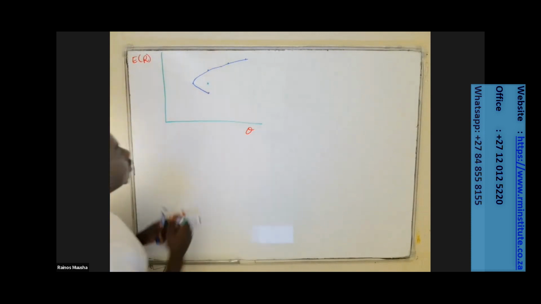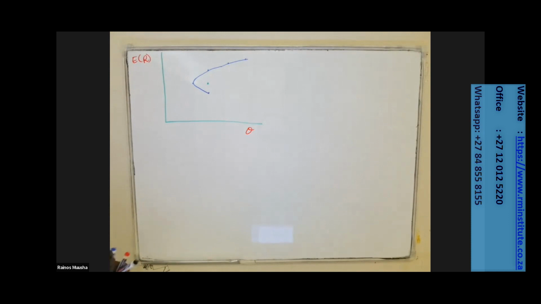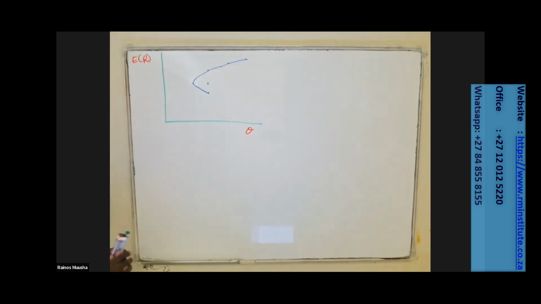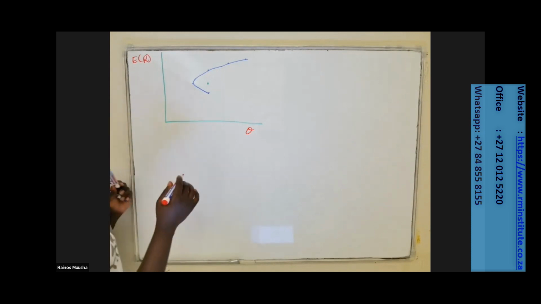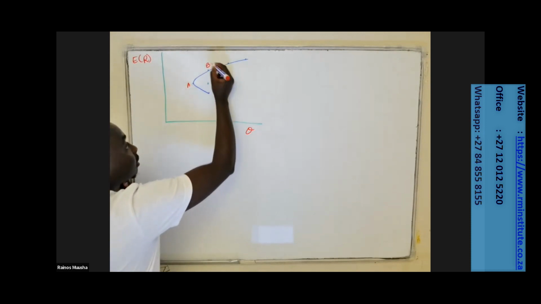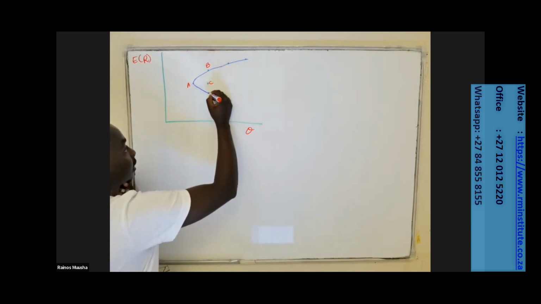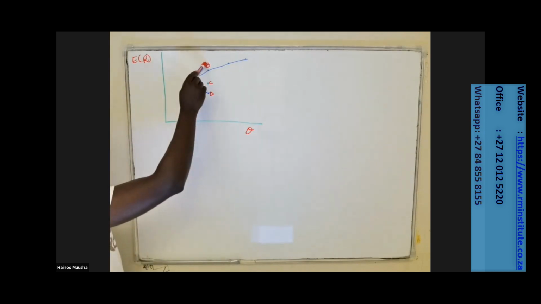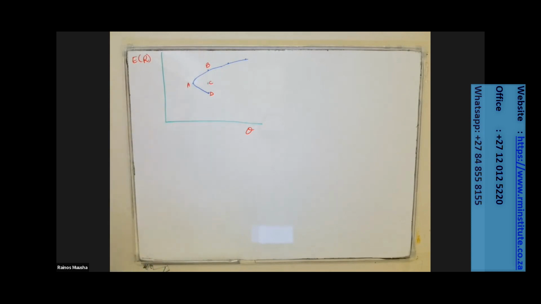How the lecturer is plotting it, it's either like this or like that. My graph is going to be a little bit different from what the lecturer has given us, but it's still going to explain more or less the same thing. So we have point A, point B, point C, and point D there as well, right?